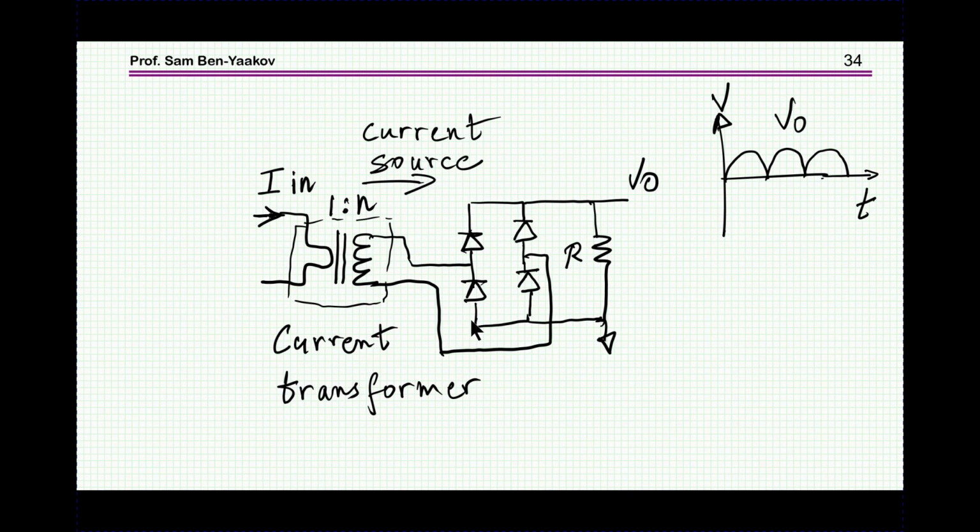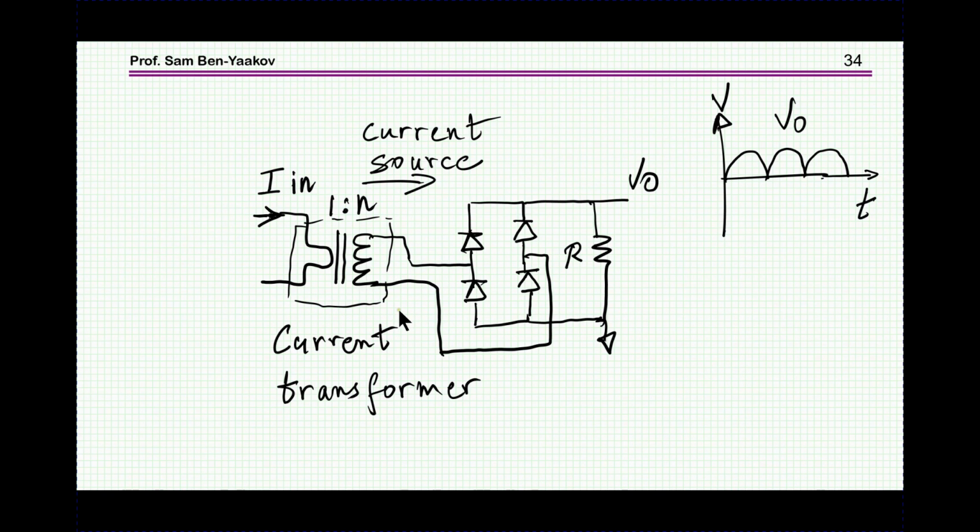Another possibility which is related to it, it's not really an electronic component, but let me just add here that in the case of a current transformer, which is used to measure a current, you usually have a turns ratio of, say, 1 to n, that's one turn, and then there are many turns here.